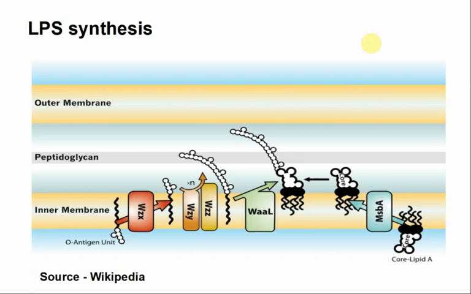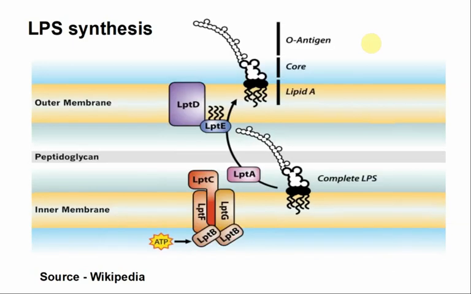And the last step is that there is a big multi-protein complex which is going to grab this thing and shift it all the way up to the outer side of the outer membrane. And of course, this costs energy to do that.